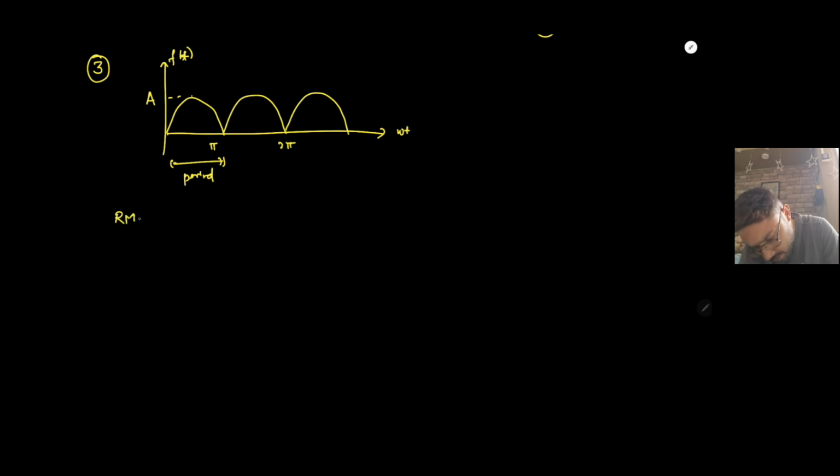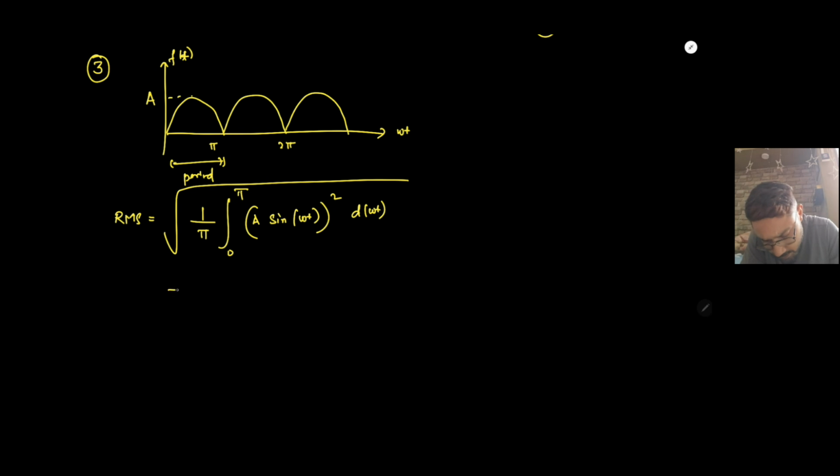So the RMS value will be 1 by pi, integral 0 to pi, A sin omega t whole square d omega t. Similar to the steps we considered before, we need to take the same steps.